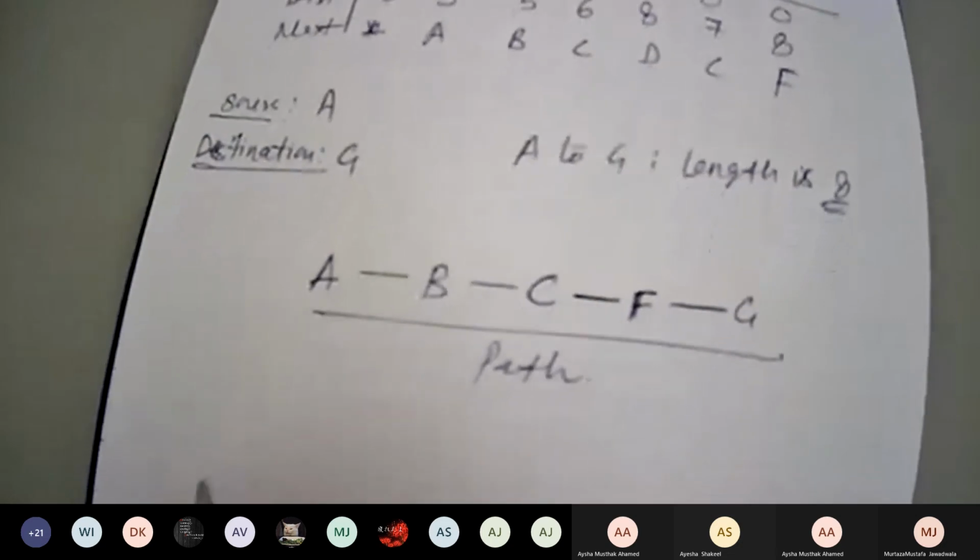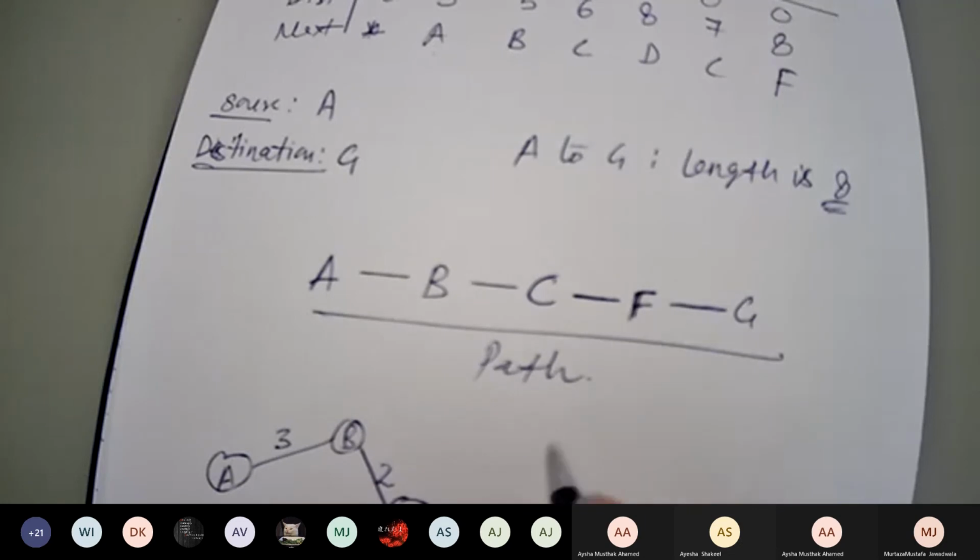So with A, where are you going? B. What was the distance? 3. Then you are going to C. What was the distance? 2.